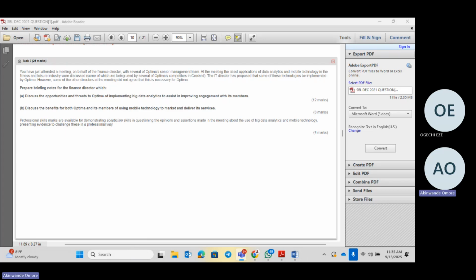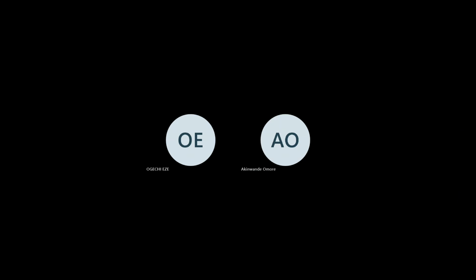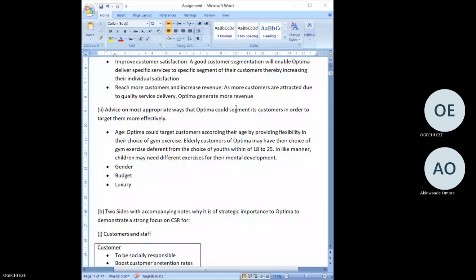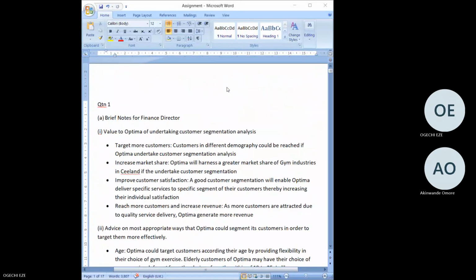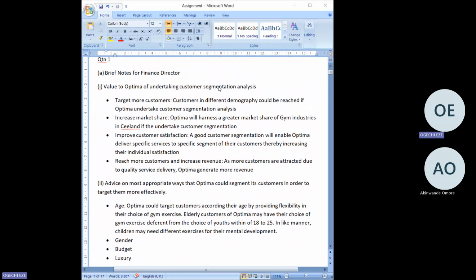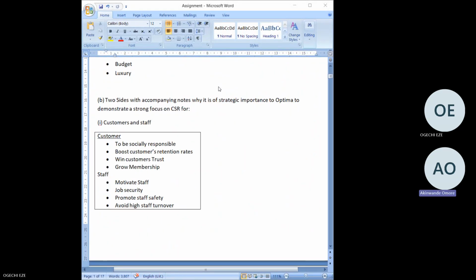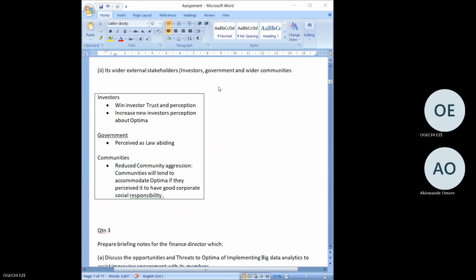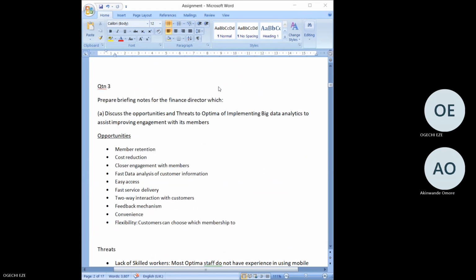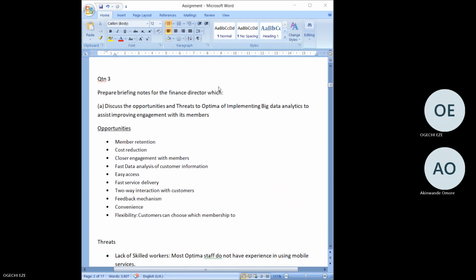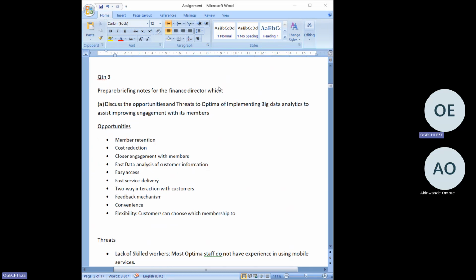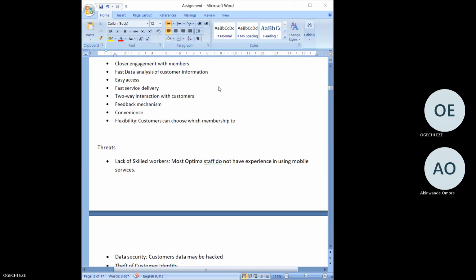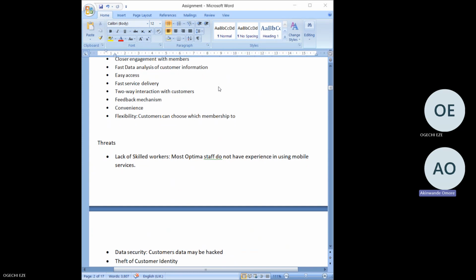This one is a SWOT analysis, opportunities and threats. What are the opportunities that you discovered? For number three, I didn't elaborate on them. You need to elaborate on them.